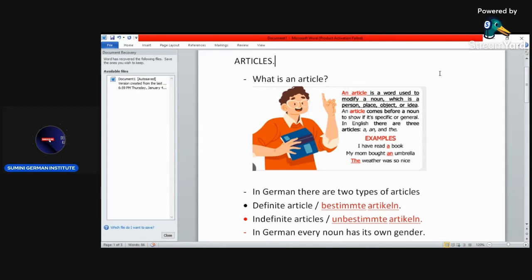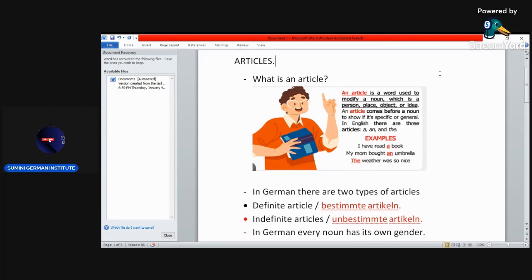An article comes before a noun to show if it's specific or general. In English, there are three articles: a, an, and the.